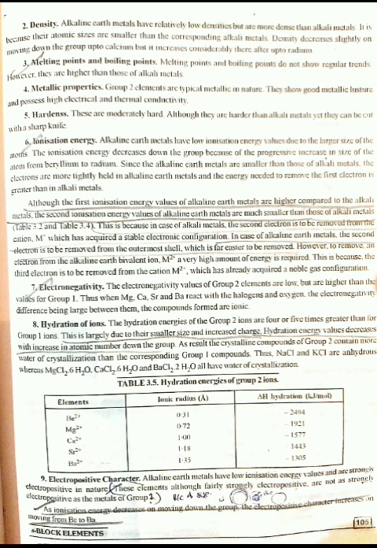Since the alkaline earth metals are smaller than those of alkali metals, the electrons are more tightly held in alkaline earth metals and the energy needed to remove the first electron is greater than in alkali metals. Although the first ionization energy values of alkaline earth metals are higher compared to the alkali metals, the second ionization energy values of alkaline earth metals are much smaller than those of alkali metals.